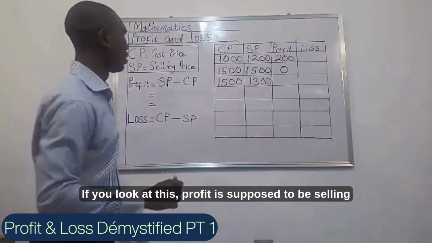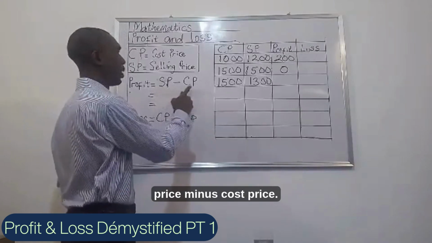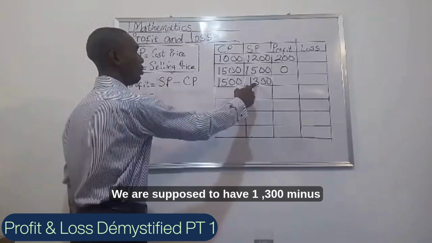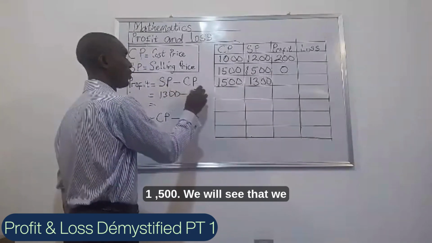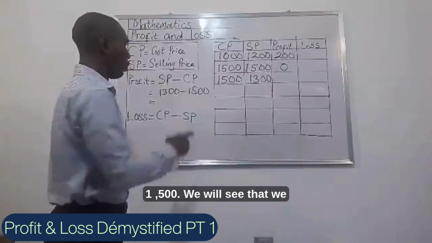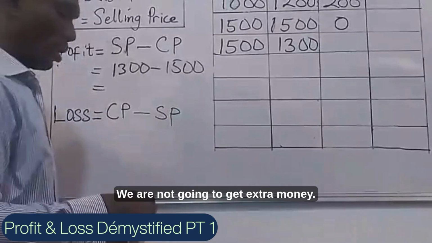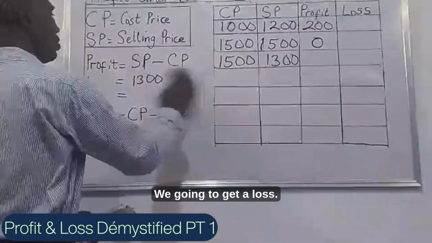If you look at this, profit is supposed to be selling price minus cost price. We are supposed to have 1,300 minus 1,500. You see that we have a bigger number being subtracted from a smaller number. We are not going to get an extra money.